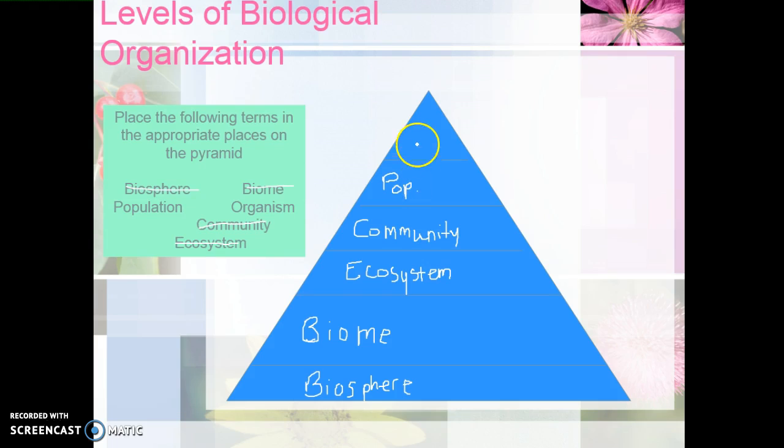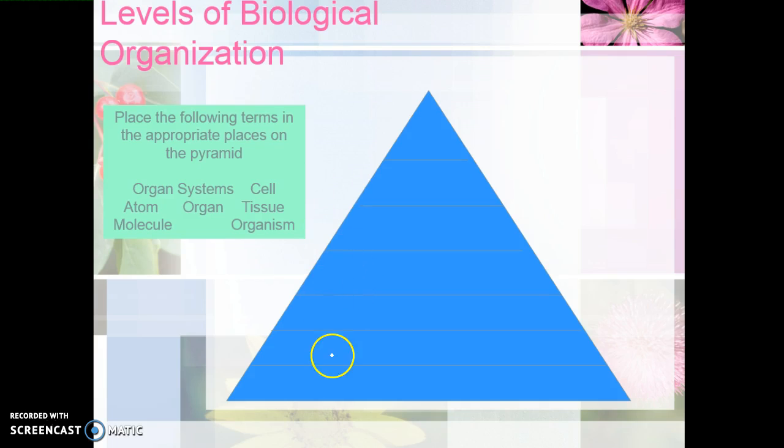The last and smallest in this case is organism, which is one individual of one species. From there, the pyramid really continues. We could have made this a little larger, it just won't fit on the PowerPoint that way. So we're going to start down here with organism. It was the smallest thing on the last pyramid, but now it's going to be the largest thing. And then we're going to see how small we can get.